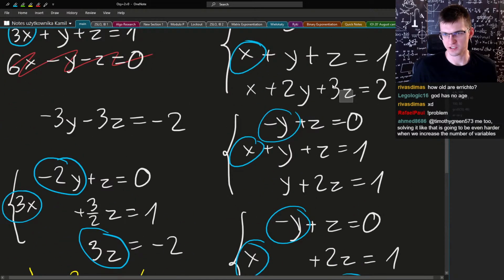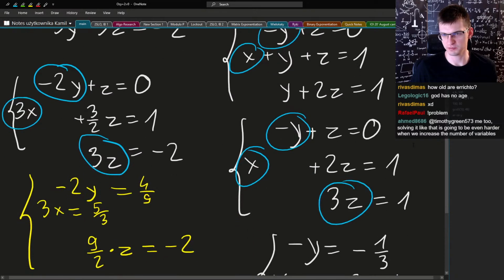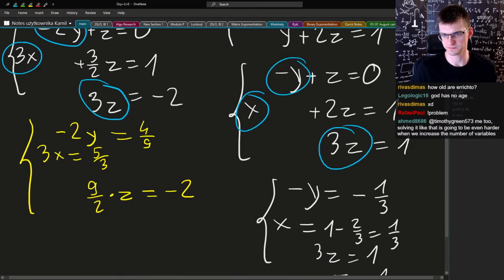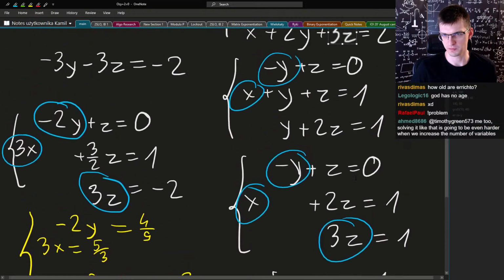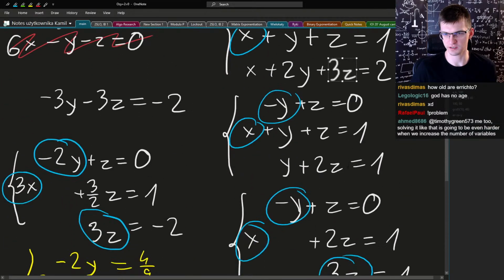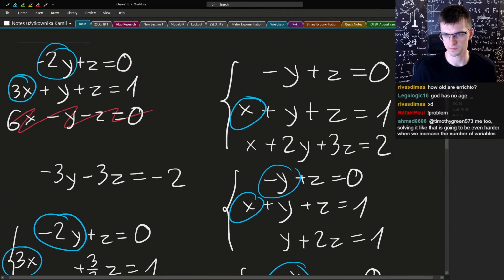If I just change, I don't know, this a little bit, will it be fine? I didn't touch 3z until the very end, did I? Let's try to modify it a little bit. What if here I put 2?